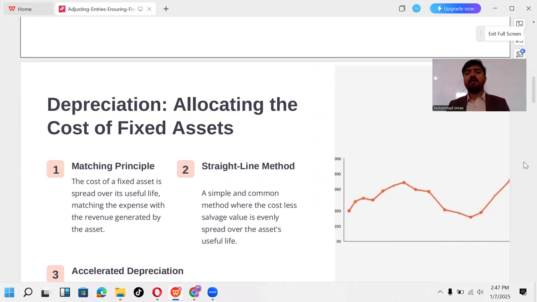So, for matching the expenses as the assets are consumed, these are matched with the periods in which the revenues are earned for that business.